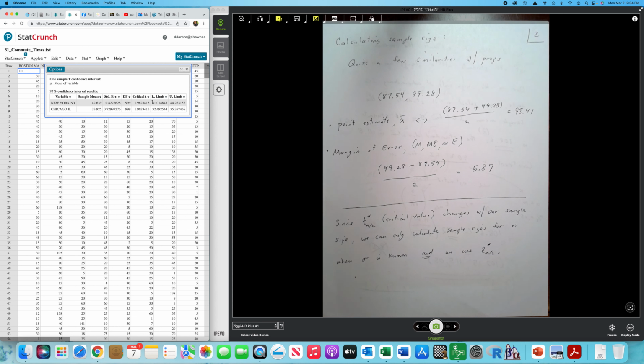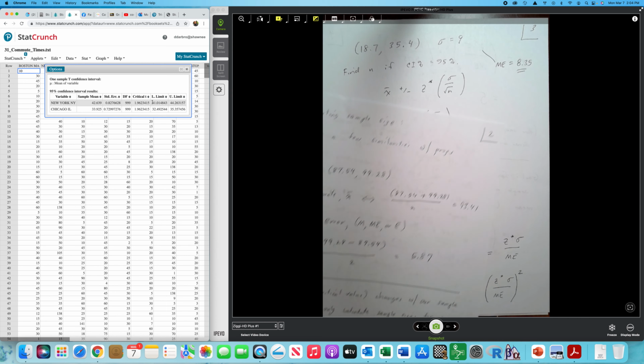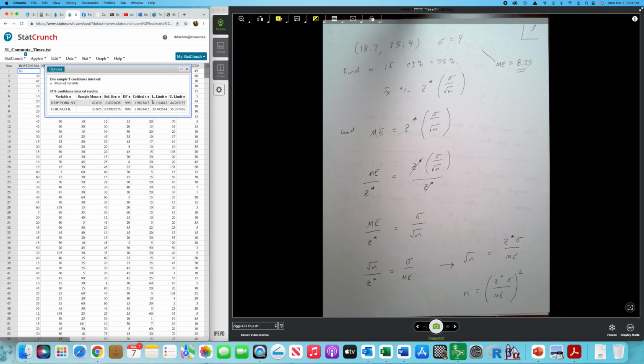Again, the T critical depends on the degrees of freedom, which depends on the sample size, and the T critical needs to remain constant for us to be able to calculate n. So we must have the population standard deviation value to calculate the sample size.